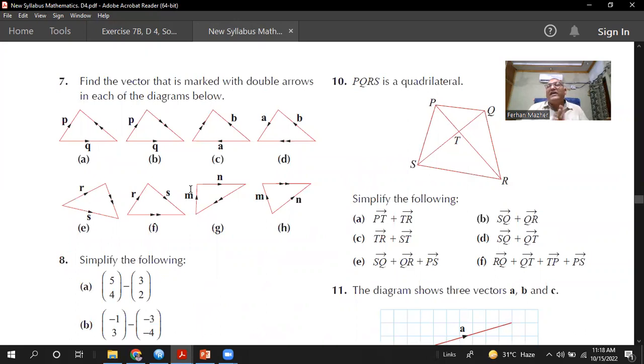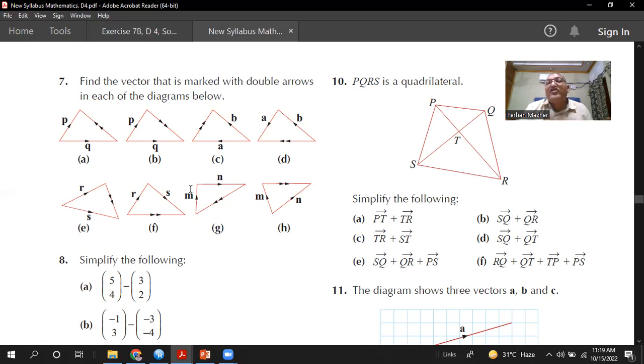Whenever you use the triangle to find the sum of two vectors, at the head of the first vector, you always put the tail of the second vector. We also call it head to tail rule. At the head of the first vector, you put the tail of the second vector, and then you join the tail of the first vector with the head of the last vector, and that gives you your resultant.